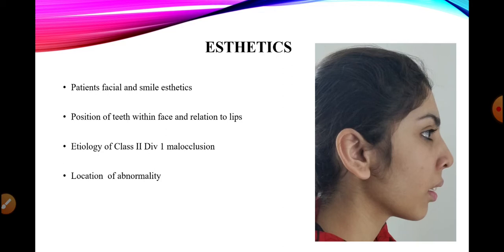Or if it is just dental in nature, the treatment will be aiming at a different area. Therefore, the aesthetics need to be considered in all planes of space. For example, we need to see the teeth with reference to the face, the teeth with reference to the soft tissue, and then we need to address the exact etiological factors, and devise the treatment plan accordingly. Therefore, the number one component of objectives of treatment planning is aesthetics.